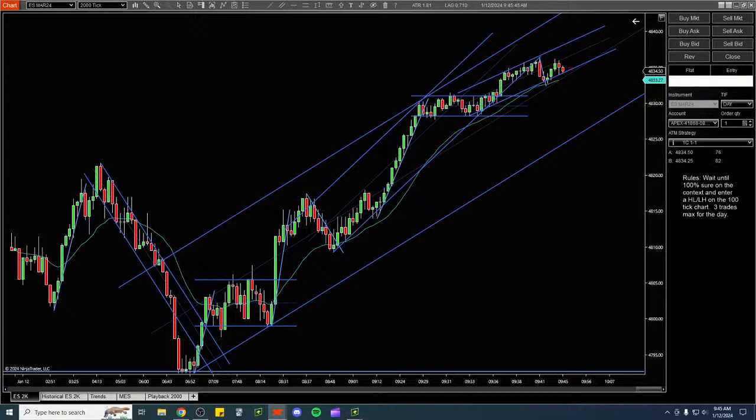Here we go. We're getting a true test here. Order submitted. Waiting for a higher low on the 100 tick.